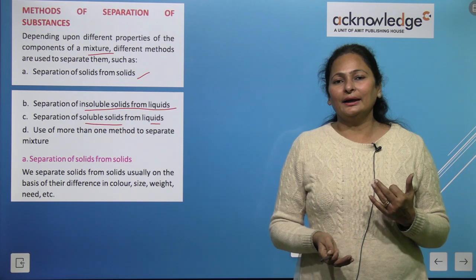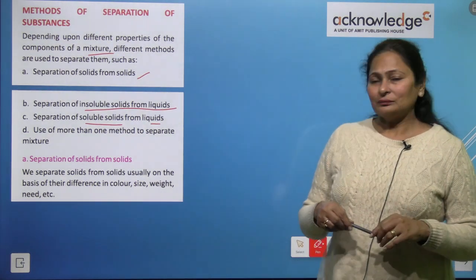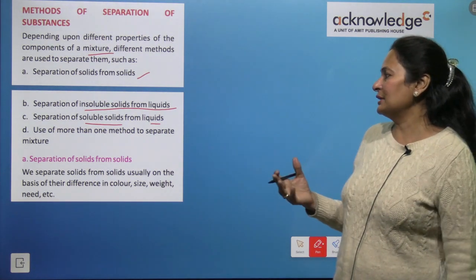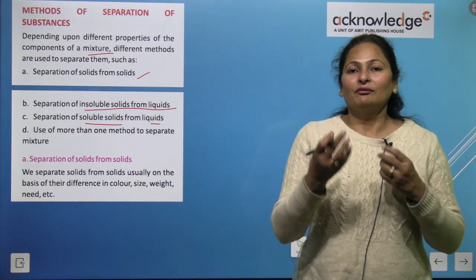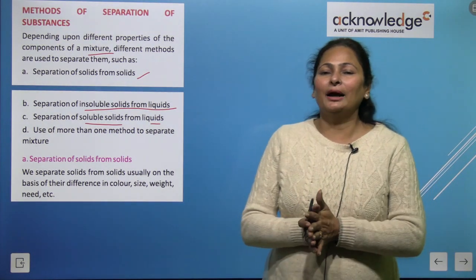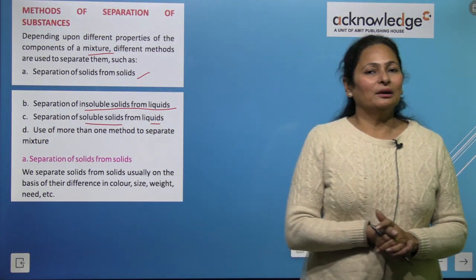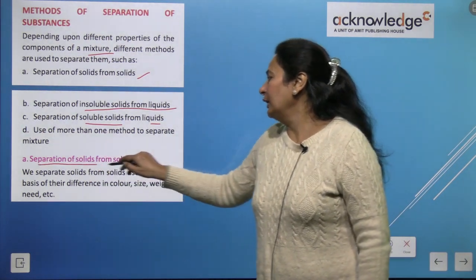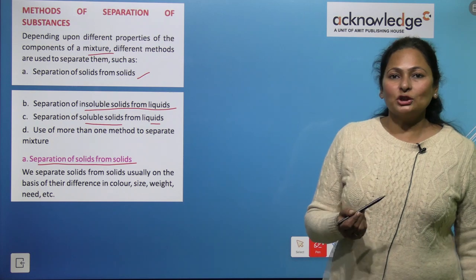And the third is how we separate if different types of substances are mixed. So we apply different methods, not only one method, maybe two or three are applied to separate all the things, right? So let's see the separation of solid from solid, right?